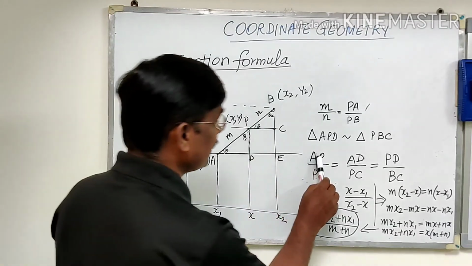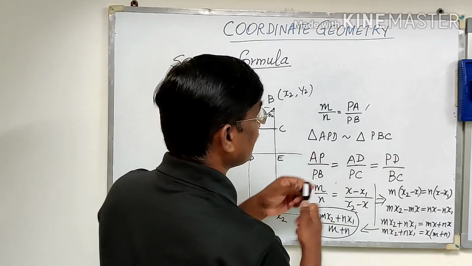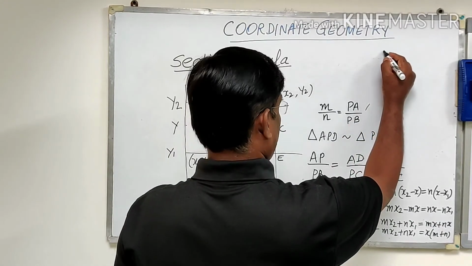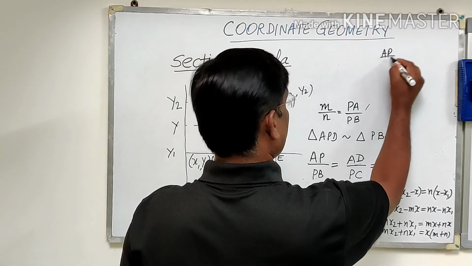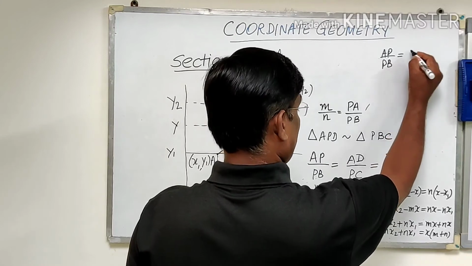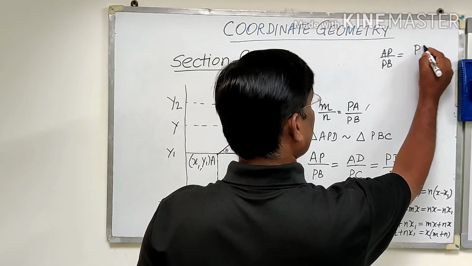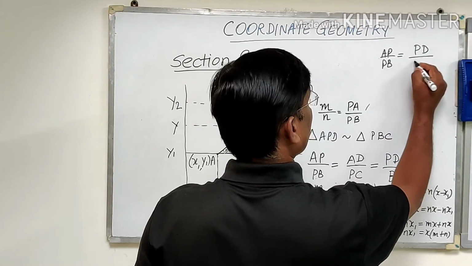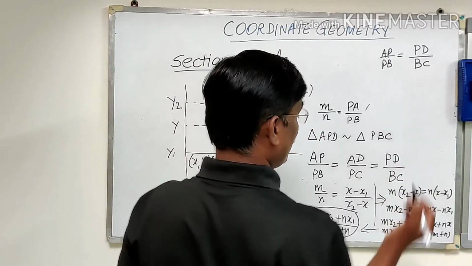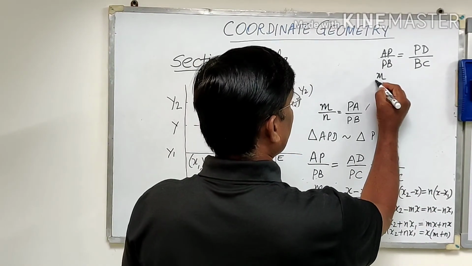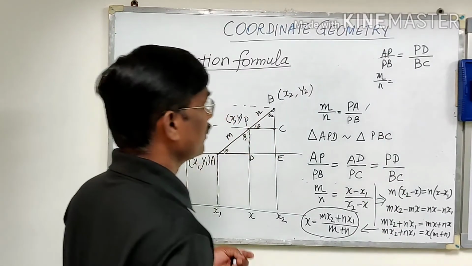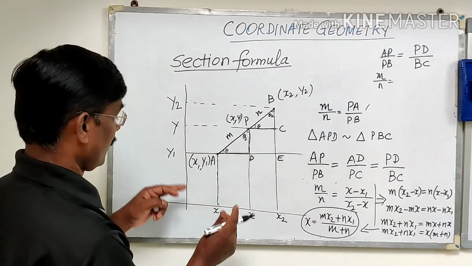Similarly, if you take this ratio, this and this, AP by BP is equal to PD divided by BC. You will get m by n is equal to, what is PD? Where is P?